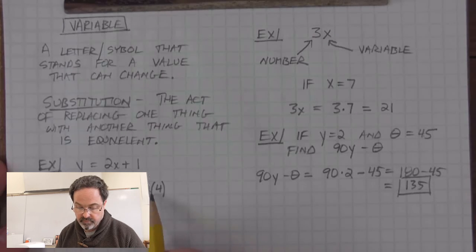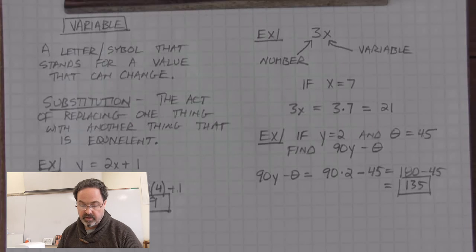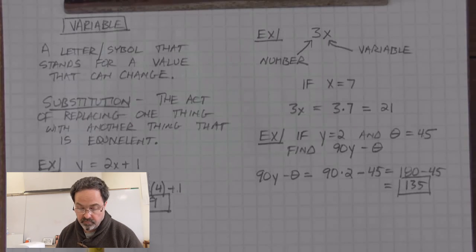I'm using parentheses now to isolate these two numbers that I'm multiplying. 2 times 4 plus 1, or y is equal to 8 plus 1, which is 9. In this case, we had an equation with two variables. Given a value for one, we were able to find the value of the other.